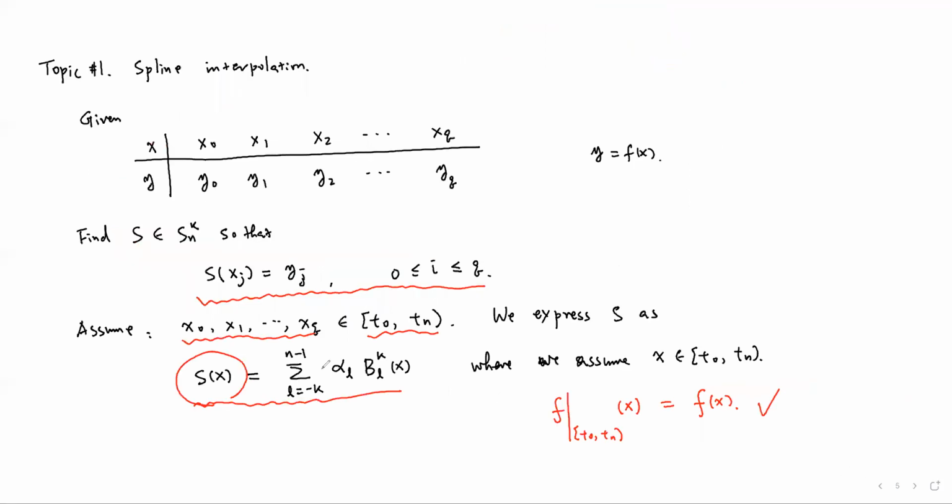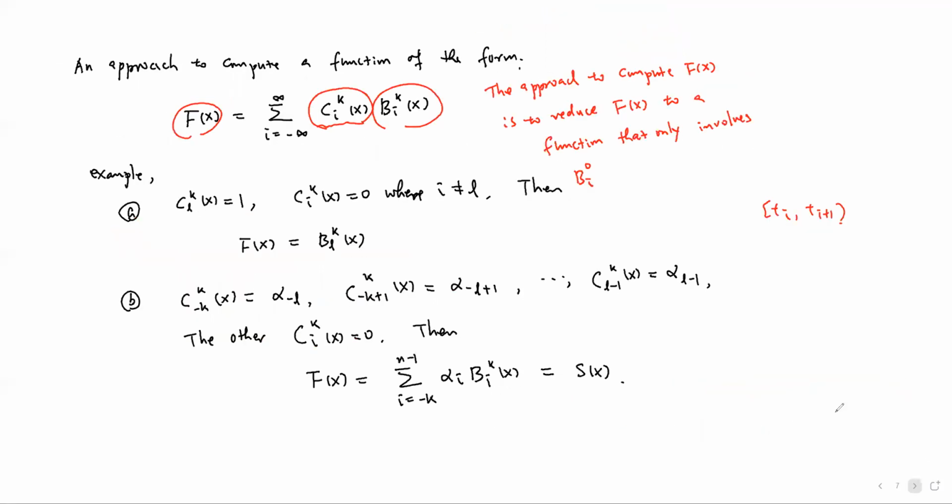After we have alpha_l, we have the spline function. After we have the spline function, we can compute its value at any x. How to compute the spline function at any x? Because the spline function is a function of this form, specify Cik as alpha_l.